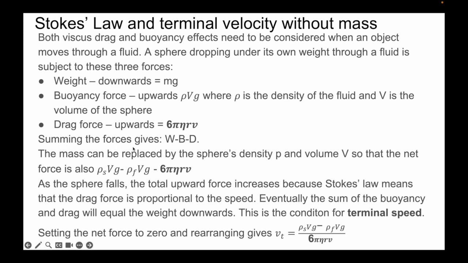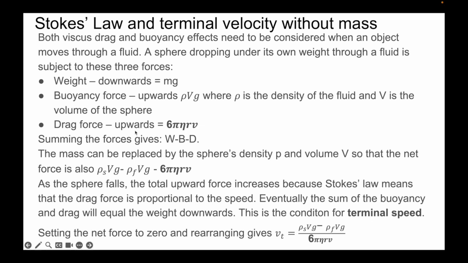When we sum all those forces, we end up with weight, which is downwards, then we subtract B, the buoyancy force going upwards, and the drag force also going upwards. We start with weight going down because the sphere is going down in this case.